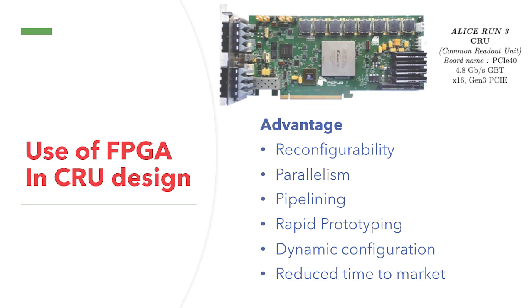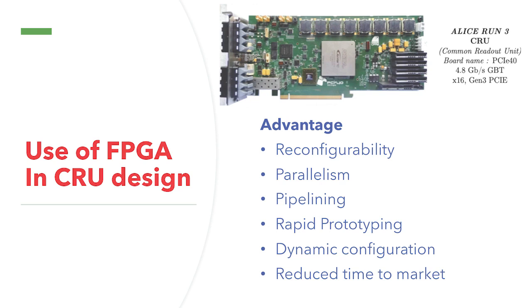What this board is capable of is that each of these miniPODs supports 12 GBT links. So you can understand 1, 2, 3, 4, that is 8 blocks are there. 96 GBT links can be captured simultaneously here, processed and pushed to the PCI Express after doing data processing.